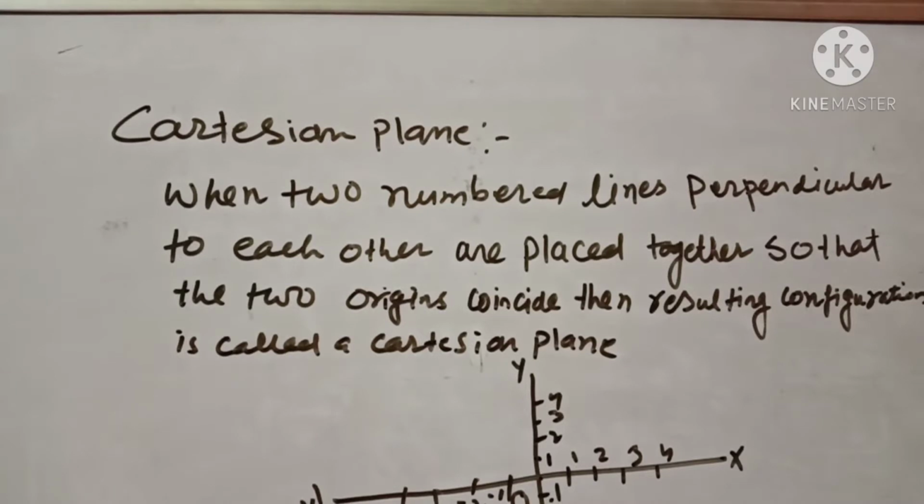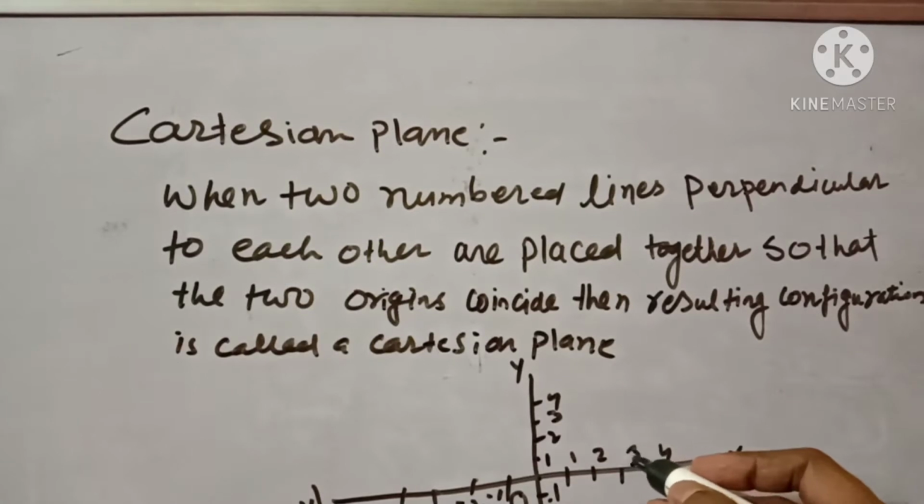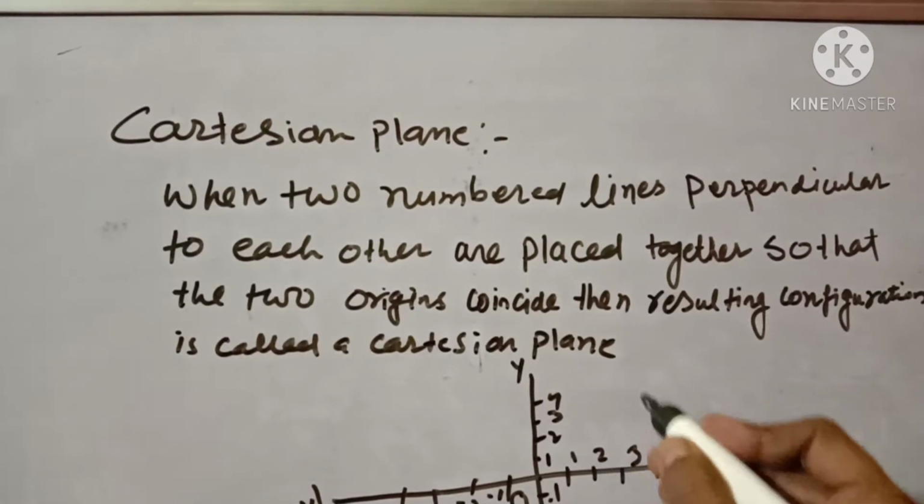Now we have to go for what we mean by coordinate points. Suppose this is your plane, and in this plane a point P is given, which is (x, y).